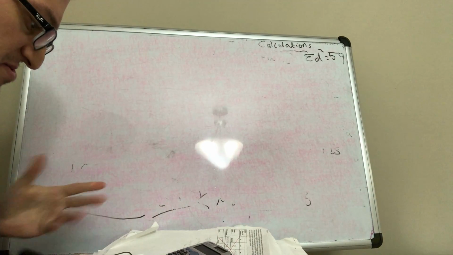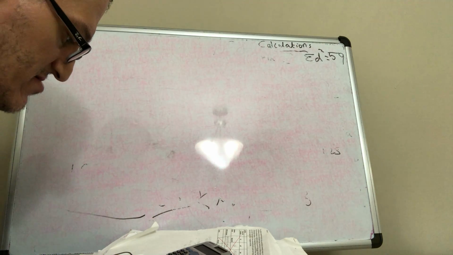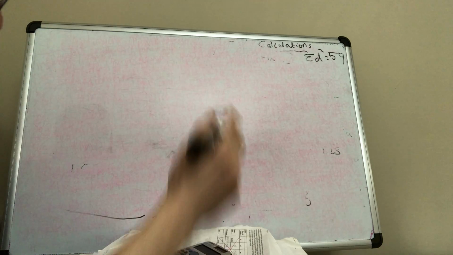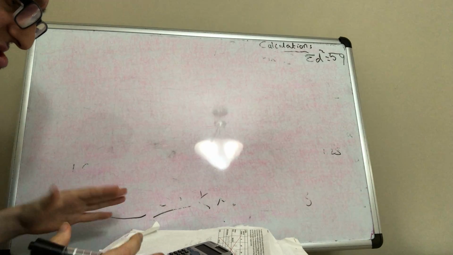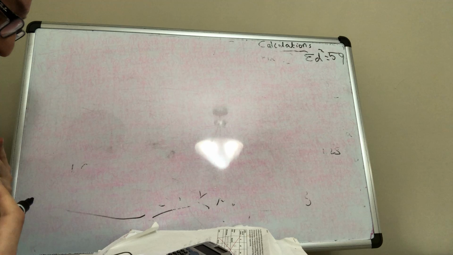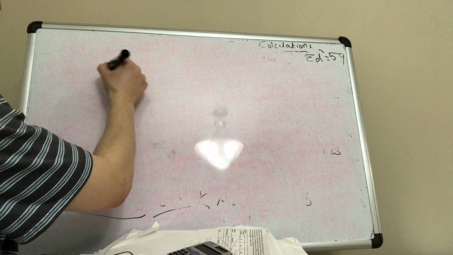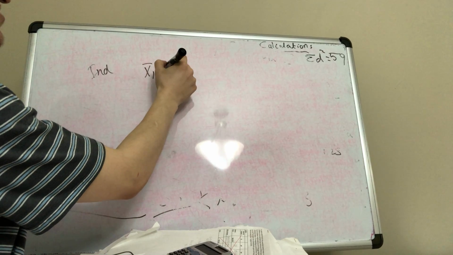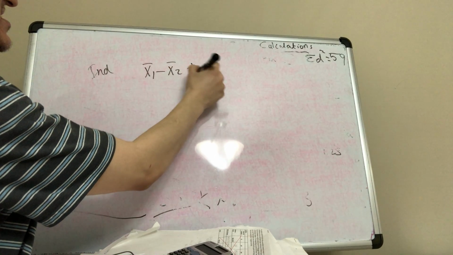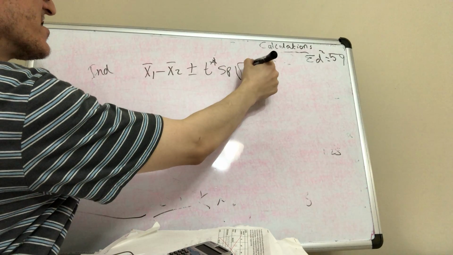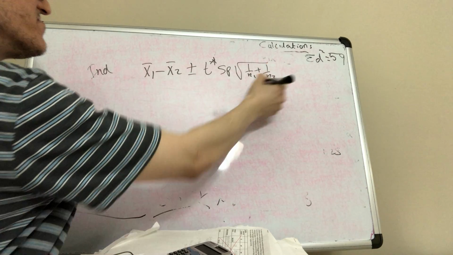When estimating the difference between 2 population means, what can be done to reduce the margin of error in the estimate? This is the first bonus question. She doesn't say whether it's independent or dependent, but you know the formula. If it's independent, it would be average 1 minus average 2 plus or minus t star Sp square root of 1/n1 plus 1/n2.